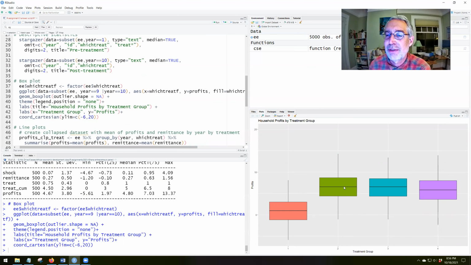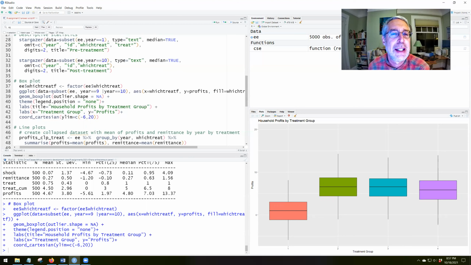And they all have roughly the same average profits, which are higher than the people who were never treated, right? That's our basic box plot, giving us the distribution of profits for each one of these groups of people in years 9 and 10. So it's a nice visualization of what the data looks like by groups.